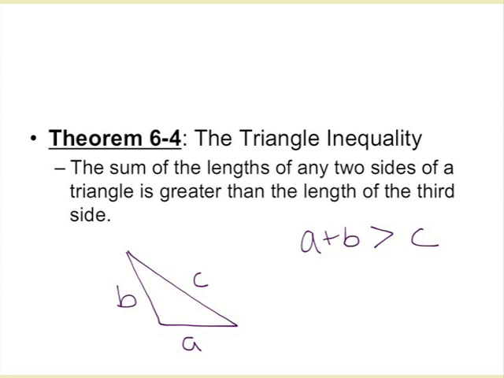If I had 3 sticks of length 1 inch, 2 inches, and 3 inches, I could not make a triangle out of those. Okay? Because 1 plus 2 is 3. And adding together 2 of them must be bigger than the third one to be able to make a triangle out of those. Okay? So adding together 2 numbers must be bigger than the third number if you're going to make a triangle out of those lengths.